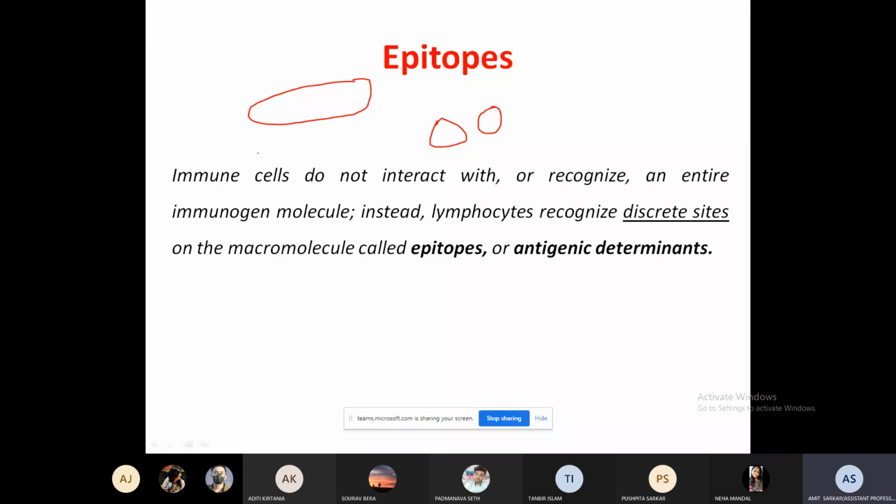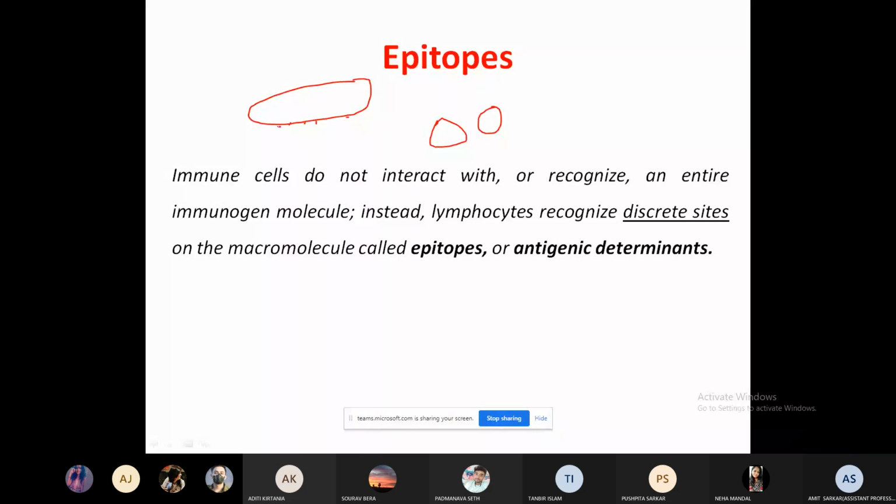Because a B cell or T cell does not have any understanding about what is bacteria, what is virus. They do not have any brain or anything like that.